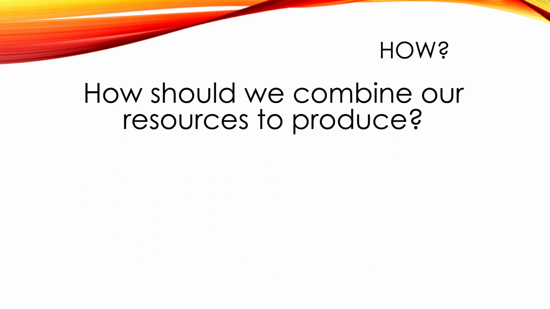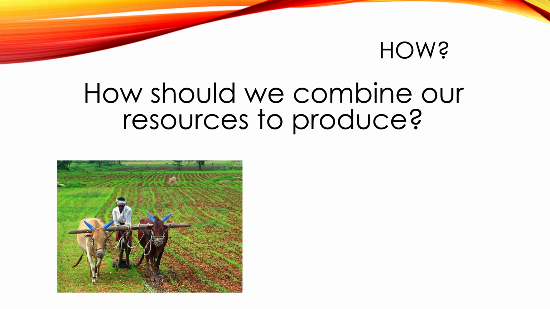The second question is, once they know what they're going to make, they have to figure out how they're going to make it, right? Every economy has factors of production. They have land, they have labor, they have physical capital, human capital, and entrepreneurship. And there are infinite ways to combine those things. And so this question asks, do we combine them in a traditional way like we always have?